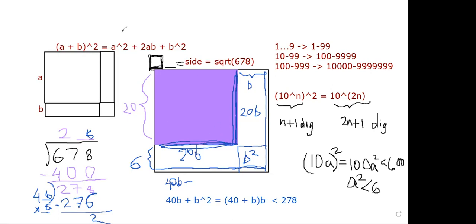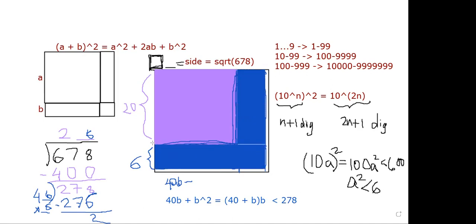Now we have got this, and we are left with a very thin area. The area of that little thin white part is 2. Now you have got your 2 digits, so there is no space for anything more.